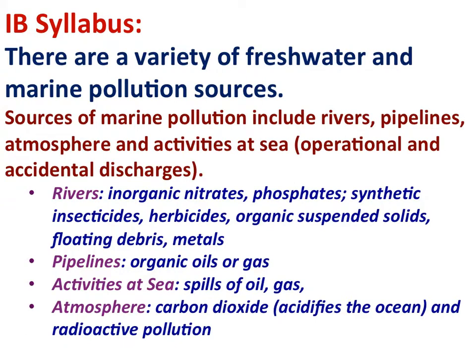The types of pollution from pipelines includes organic oils or gas. The types of pollution arising from activities at sea include spills of oil and gas, and the types of pollution from atmospheric sources includes carbon dioxide, which acidifies the ocean, and some radioactive pollution, as in the example of Fukushima, Japan, in 2011.